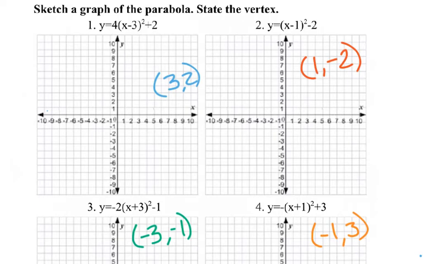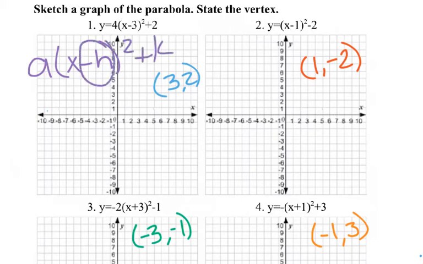Okay, so vertex form, remember, it looks like this. It's a times (x minus h) squared plus k. So the number beside x, change it to its opposite sign. That's your x coordinate of your vertex. So notice in the formula, you had negative 3. If I change negative 3 to its opposite, I get positive 3.